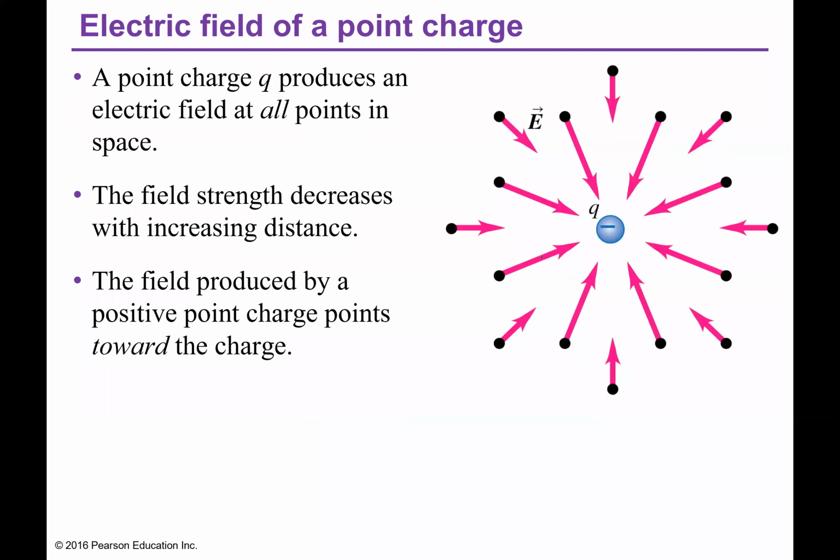Same way for the negative charge. If there's a negative charge, then the electric field due to that charge is always pointing toward that charge. Again, a point of interest that is closer than another point of interest will have a stronger electric field. Still the same direction, radially inward, but stronger in terms of its magnitude.